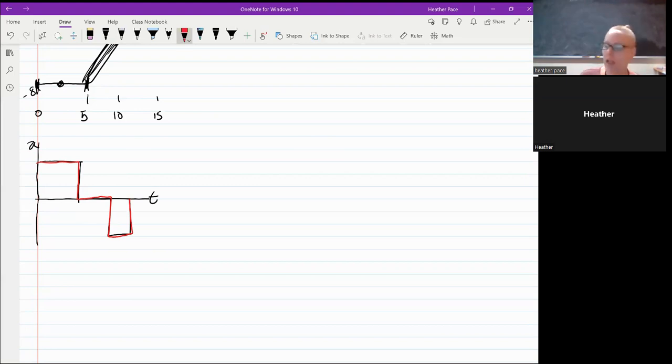So now we need to find the particle speed at any given time. And to do that, we're going to use our acceleration graph.